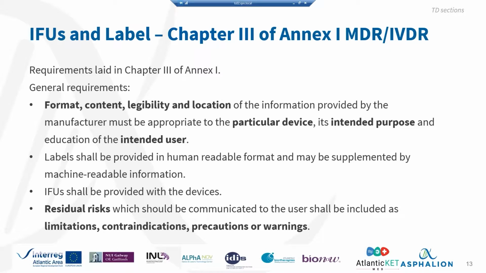Obviously, this has to be minimized, and the benefit-risk ratio always has to be positive. The risk cannot be higher than the benefit the device provides. But these residual risks should be included in the instructions for use as limitations, contraindications, precautions or warnings. This is one of the requirements of the instructions for use on the label.